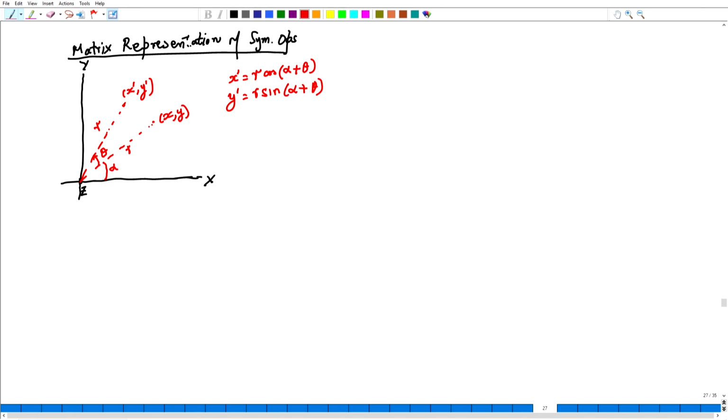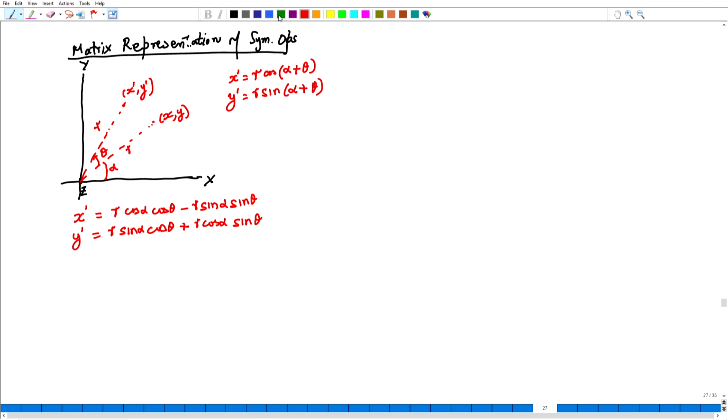Now, I can expand the two equations, and one can write x prime to be equal to r cos alpha cos theta minus r sin alpha sin theta. Similarly, y prime, if I expand the sin term, would be r sin alpha cos theta plus r cos alpha sin theta.